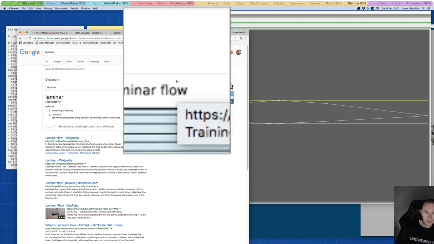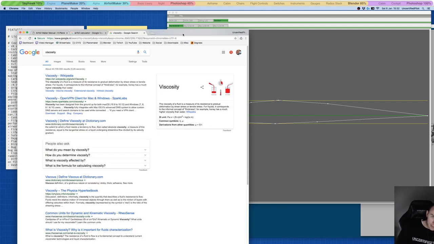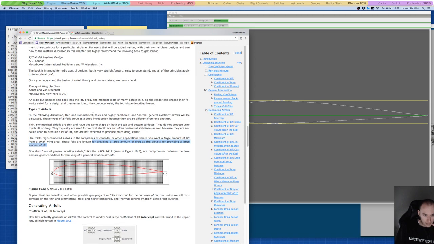Laminar flow. Yeah, that's what I was just drawing, I think. With no disruption between their layers. At low velocities, the fluid tends to flow without lateral mixing, and adjacent layers slide past one another like playing cards. Exactly. That's laminar. Okay, interesting. Non-turbulent. Yeah, Steve. Exactly. Thanks.